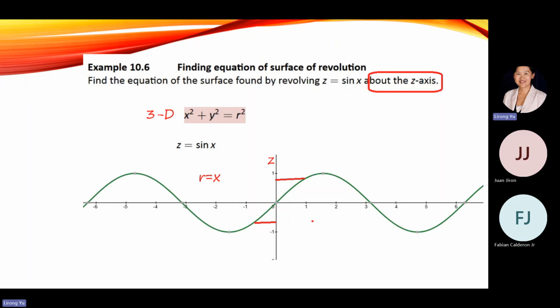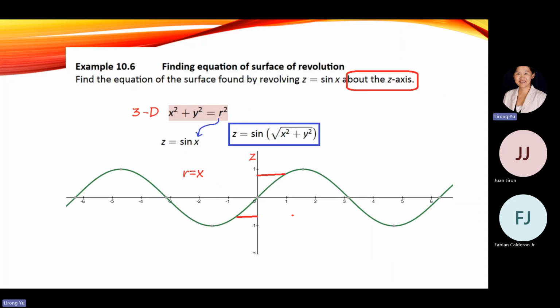We would draw it on the xz plane. Here is our x, and that is the z. So if we rotate about the axis in the two-dimensional case, this is the radius equal to x, which means that x equal to the radius. That means this radius replaces the x.